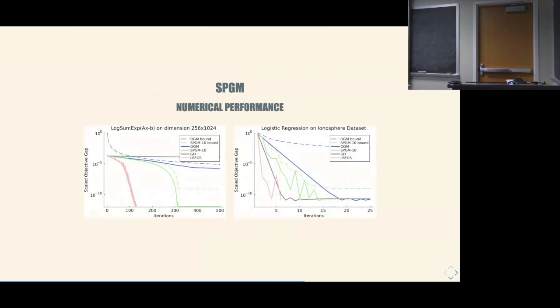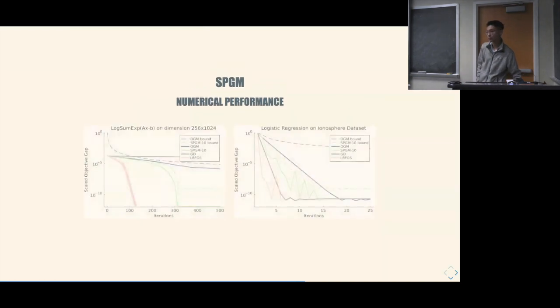You can see here that SPGM converges in roughly 300 iterations. It's pretty much hit machine precision. This pink curve is BFGS, which is a different algorithm which also remembers your history of gradients.